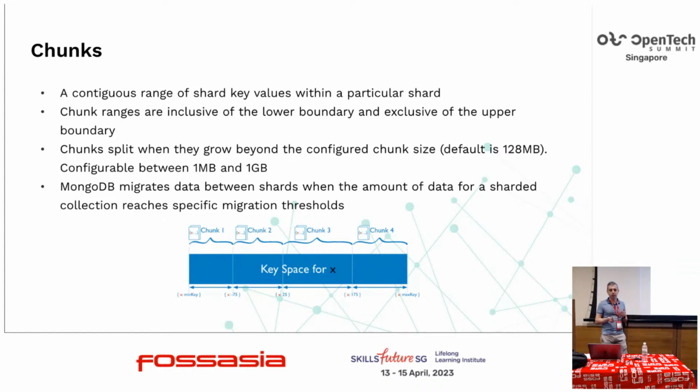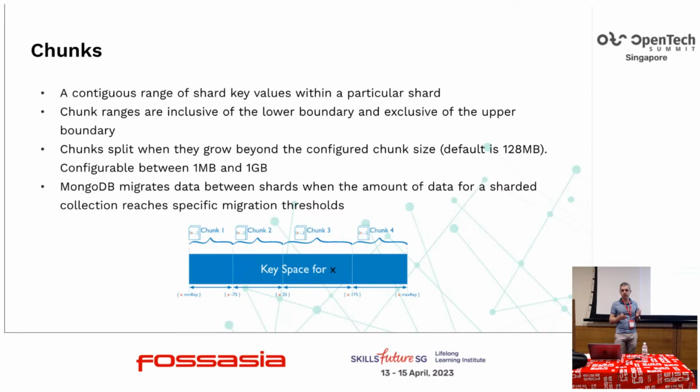If we lower the chunk size to something close to 1 megabyte, then we'll have a lot of chunks. The data will be more evenly distributed at the expense of having many chunk migrations across the shards. If we go with a larger chunk size, then there will be fewer chunk migrations in the cluster, but the data might not be that evenly distributed.